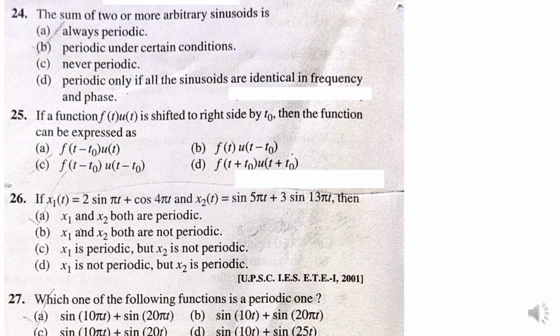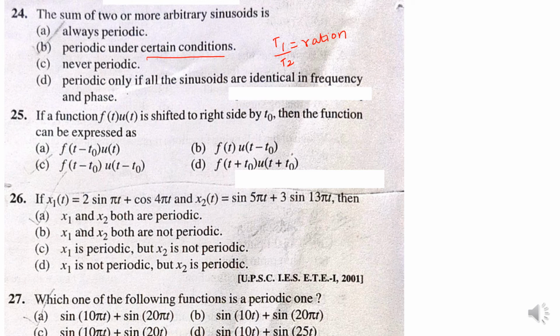Problem. The sum of two or more arbitrary sinusoids is periodic under a certain condition, which means the ratio T1 divided by T2 should be rational; then only it is periodic.